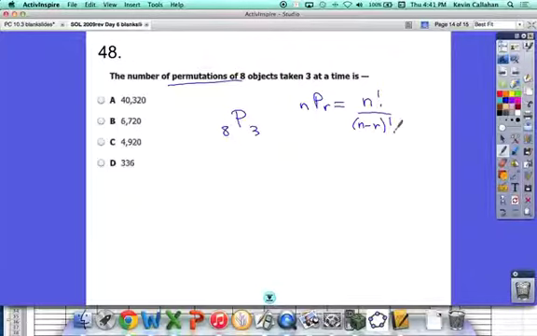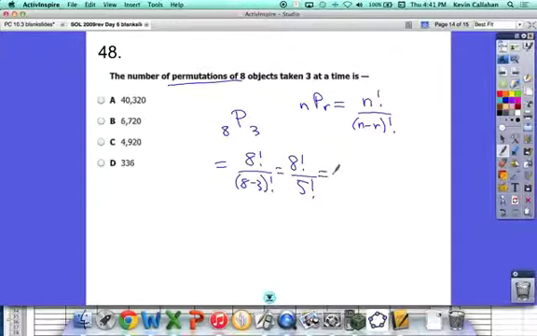So in this problem, 8P3 would be 8 factorial over 8 minus 3 factorial, which is 8 factorial divided by 5 factorial. We didn't do a lot of work simplifying factorials like this. At this point, you could enter that into your calculator too: 8 factorial divided by 5 factorial.